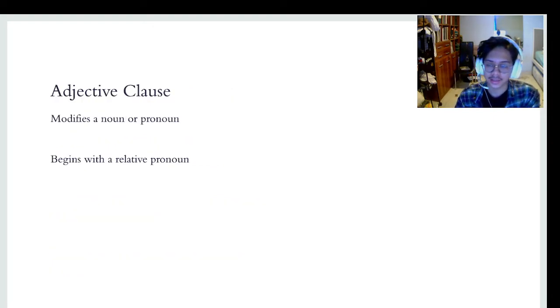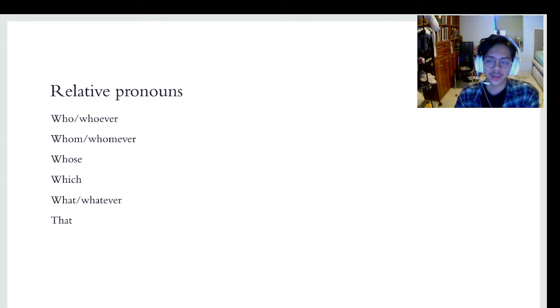So next is adjective clause. What is an adjective clause? An adjective clause modifies a noun or pronoun, and it begins with a relative pronoun. So here are the relative pronouns: who or whoever, whom or whomever, whose, which, what or whatever, and that.